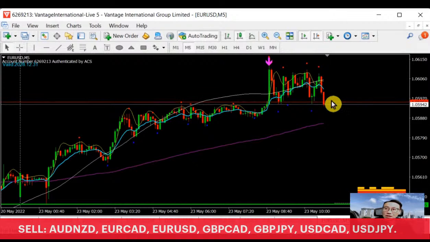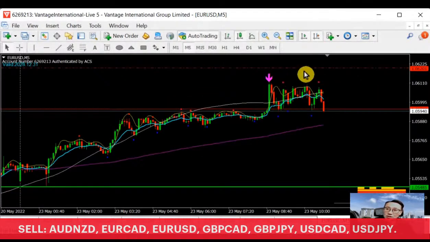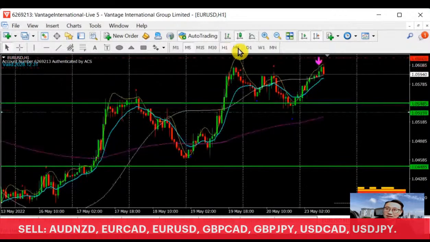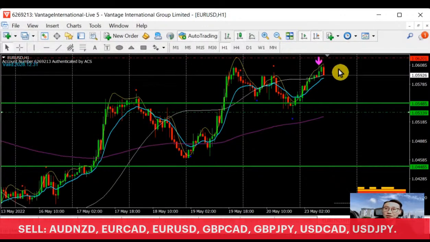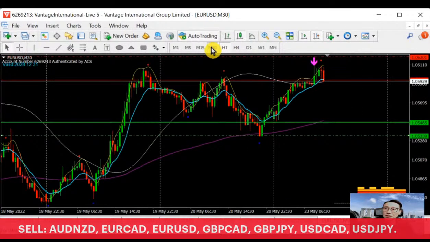I'm looking at the point for euro dollar where it started to come with a selling signal. In H1, as you can see, it's building up a selling signal over here. This half hour, this M30, we are also selling off.